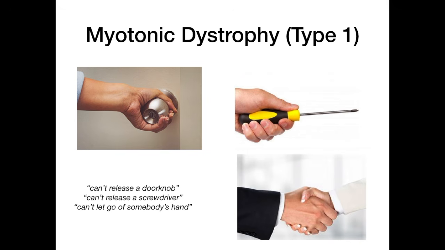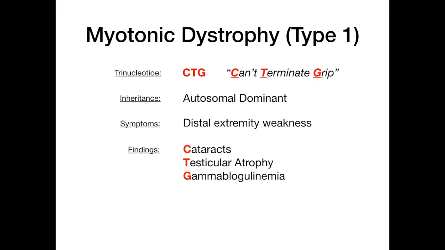So all of these collectively for myotonic dystrophy type 1, you can't stop the contraction in the hand and the forearm. And it's for that reason that my mnemonic is can't terminate grip. So CTG is the trinucleotide repeat, and it's really handy that the mnemonic here is they can't terminate their grip. So if you start to grip something and turn, handshake, doorknob, screwdriver, it doesn't matter, can't terminate grip.